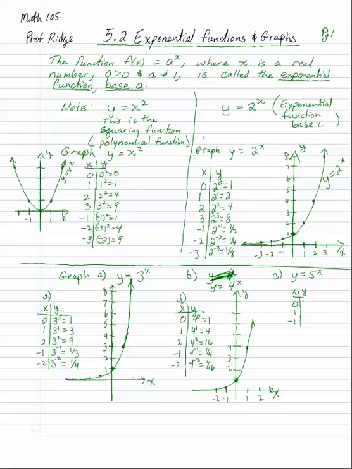So 5 to 0 is 1, 5 to 1 would be 5, 5 to negative 1 would be 1/5. And then the idea is you're going to go 0, 1, 1, we'll pretend that's 5 just to get the idea. So we have this shape here. It's going to 0 and then exploding up. Okay, so that'd be y equals 5 to the x.